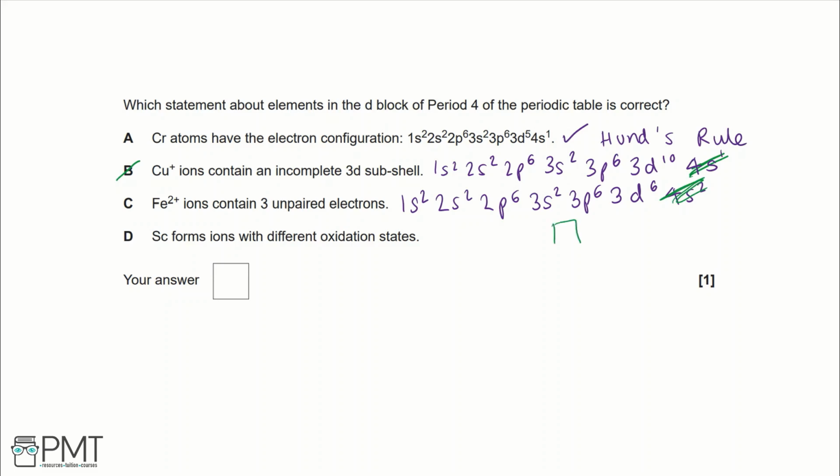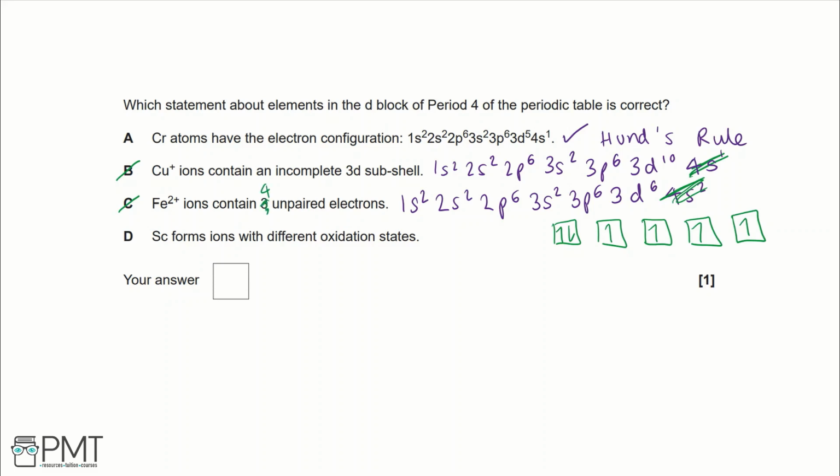And then drawing the D subshells, we can work out how many unpaired electrons we have. So we first singly fill each D subshell, and then we've got 3d6, so we need to add 2 electrons to one of our subshells. So if we put it in this first one, and then we count how many unpaired electrons we have, we have 4 unpaired electrons, so C is not correct because it should be 4.